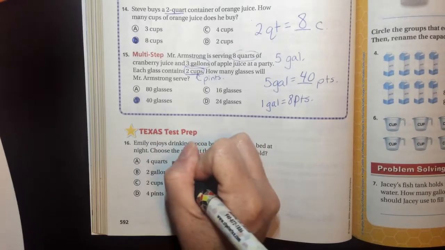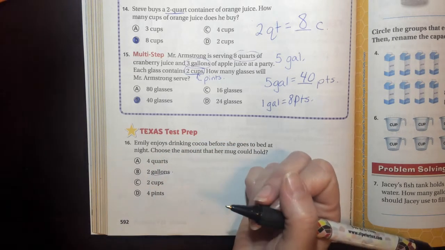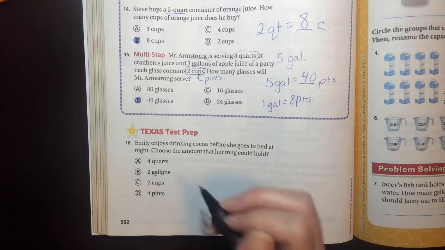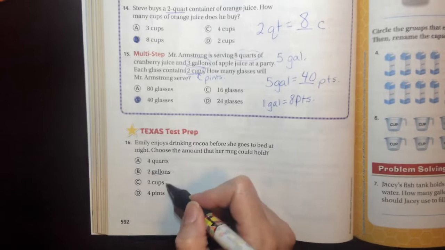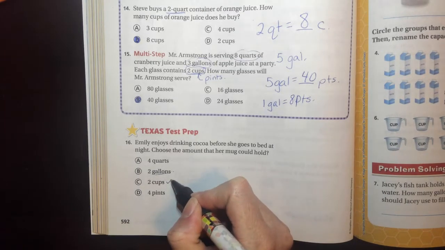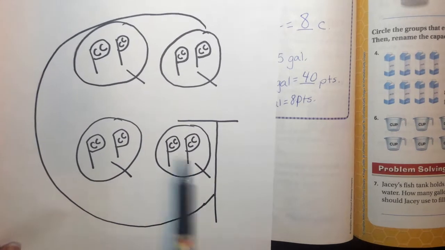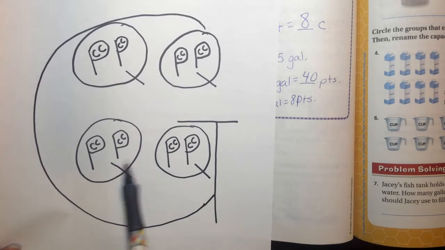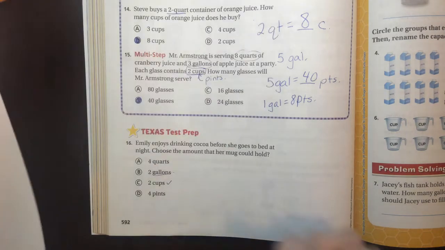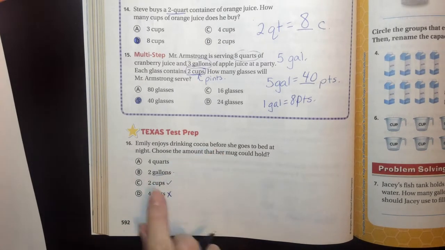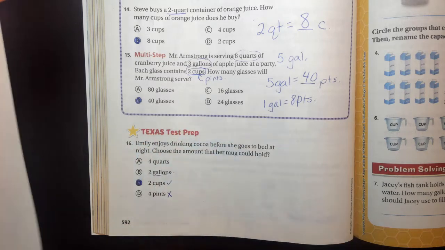So I don't think that one makes sense. 2 gallons, you know, a gallon is like a gallon of milk. 2 of those would be too much also. 2 cups, now that sounds like it might be right. 4 pints is 2 quarts, and that would be half of a gallon. That's quite a bit. That's too much. 2 cups is the most reasonable answer for how much cocoa she would drink.